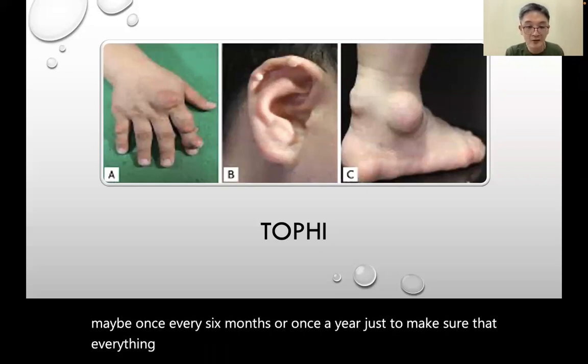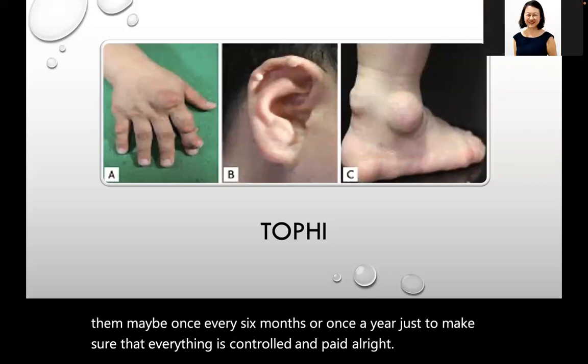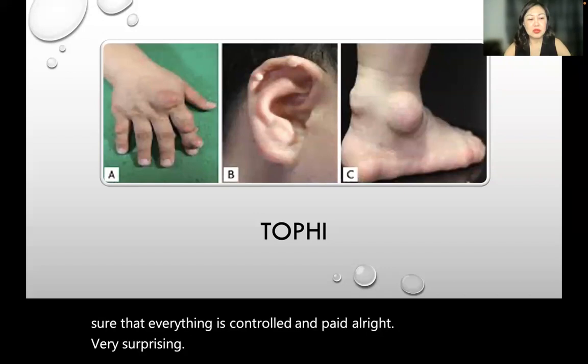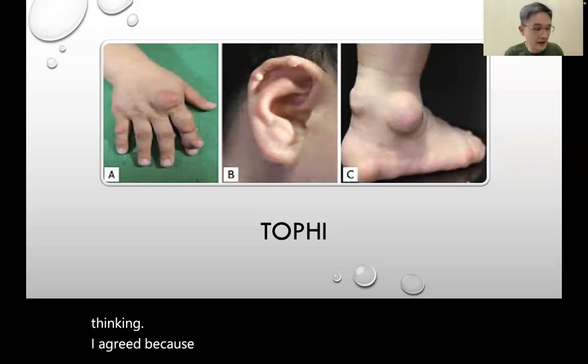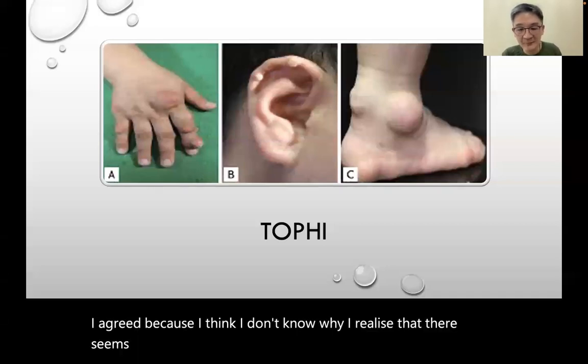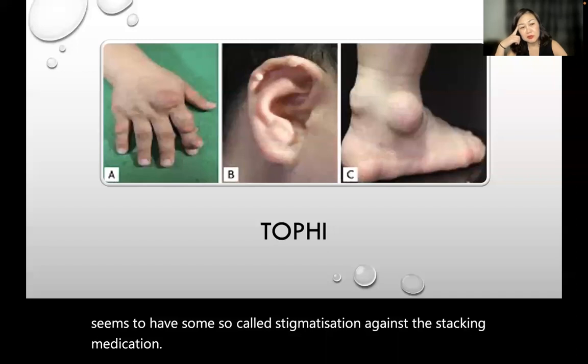I find it very surprising that people are more adherent to treating gout than cholesterol. I agree, because there seems to be some stigmatization against the statin. I don't know, statin has had a lot of bad publicity, but not gout treatment.